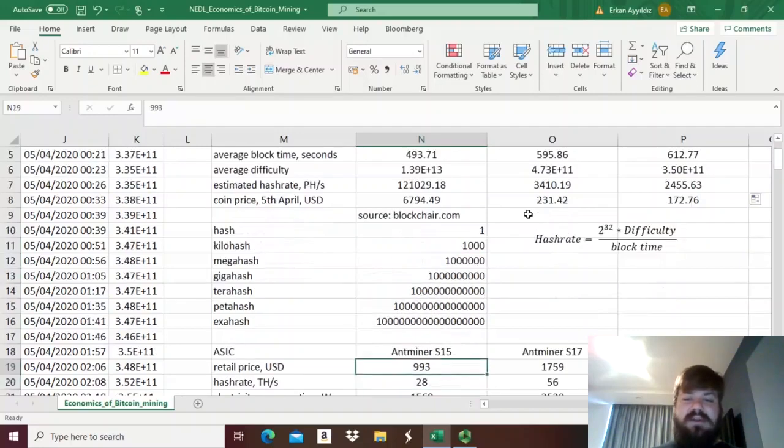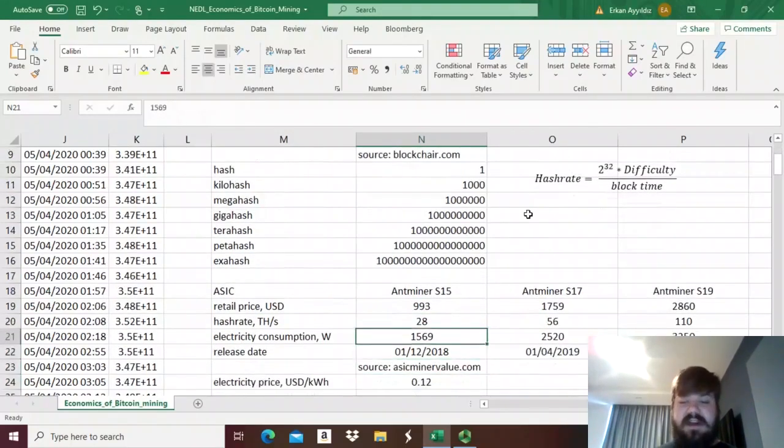So the three most modern ASICs, so pieces of mining hardware, available to mine on blockchains that use this particular cryptographic hash function, are Antminer S15, Antminer S17, and Antminer S19. And the three characteristics of those ASICs that we are interested in are obviously their retail prices, which would correspond to our initial investment into our mining process, as well as their efficiency characteristics.